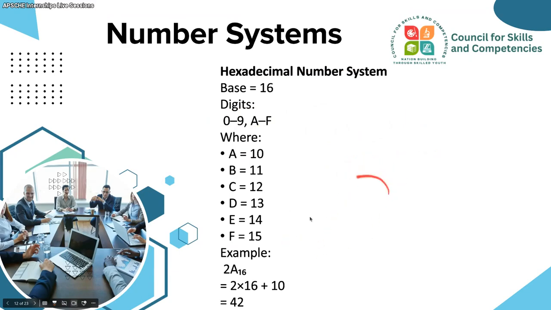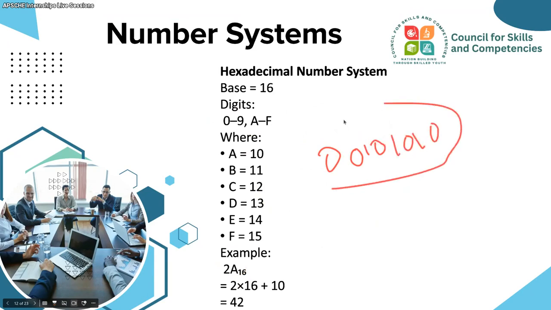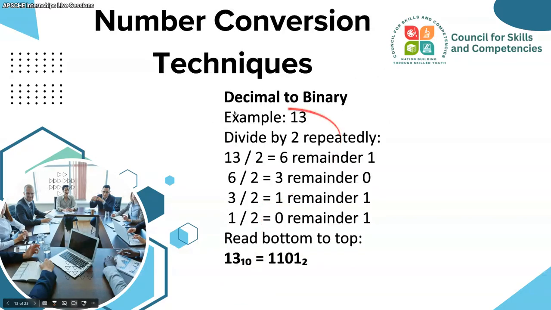Likewise, if you want to represent a hexadecimal number in binary, 2 is represented as 0010 and A, which is 10, is represented as 1010. That is the binary representation of 2A. It is so easy. I will show that in the slide also.